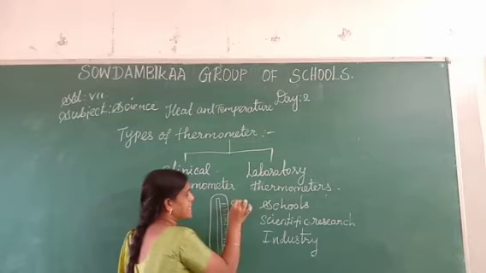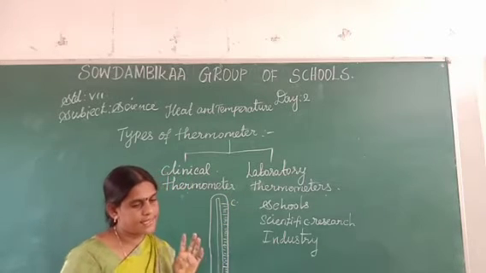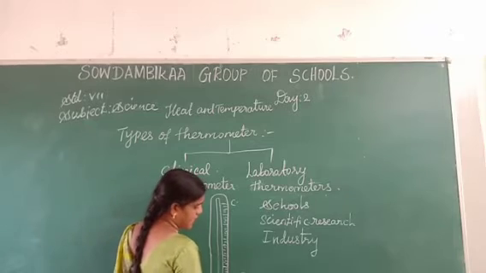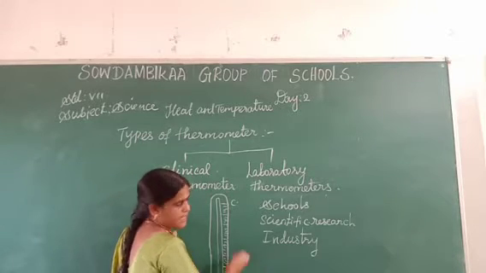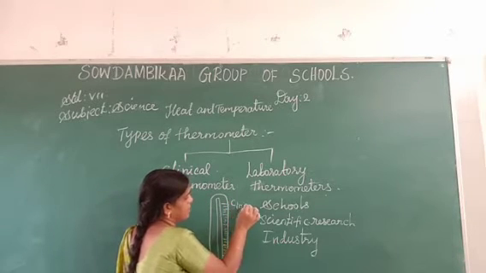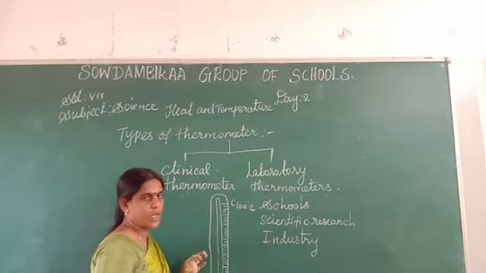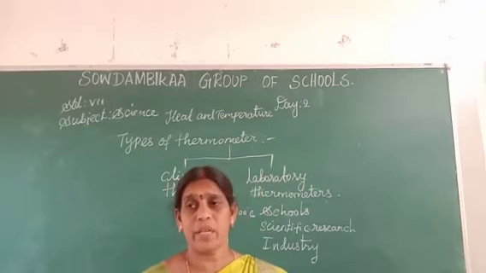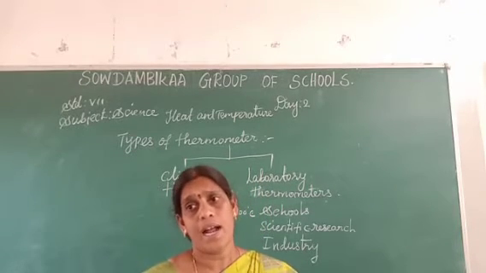The lower limit, the lower fixed point, is minus 10 degrees Celsius. The minimum point is minus 10 and the maximum point is 100 degrees Celsius, the upper fixed point.